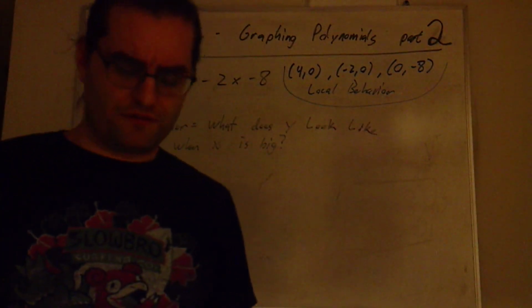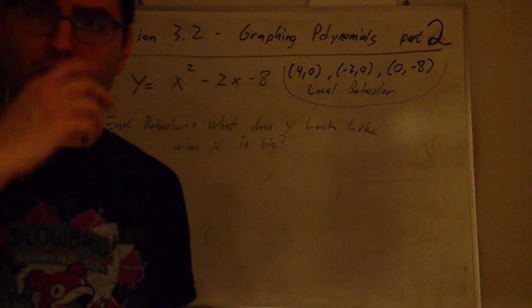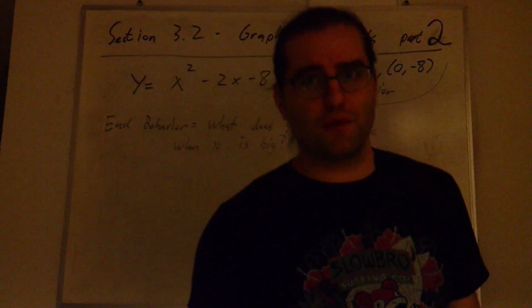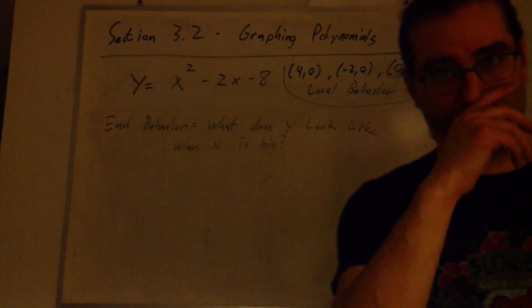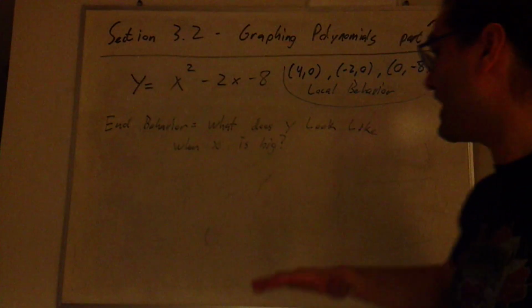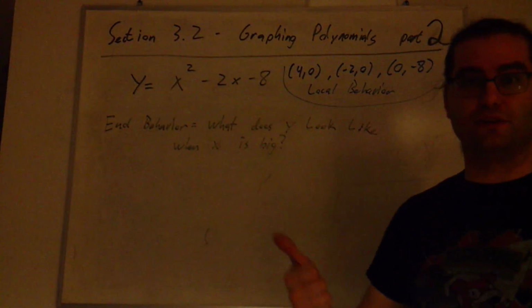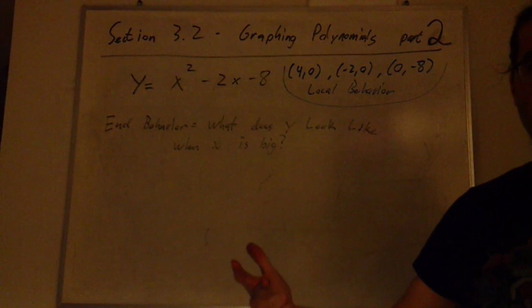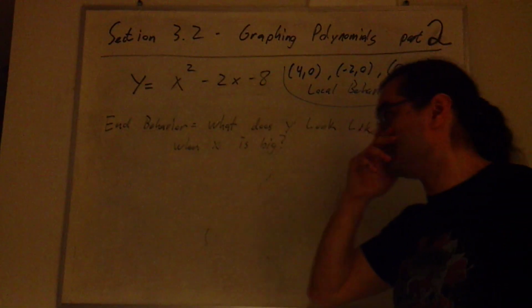And we have to pause for a moment here so I can qualify what I mean by big. I don't mean like a couple hundred. A couple hundred is not big in the grand scheme of things. When I say x is big, I mean billions, trillions, quadrillions at a minimum. That's what I'm talking about when I say x is big.